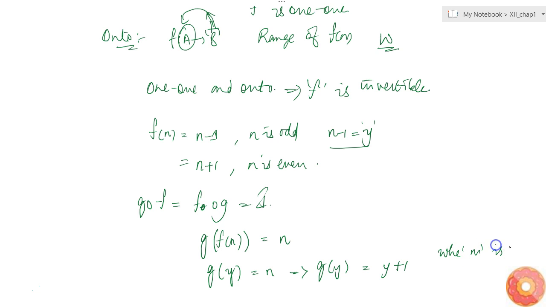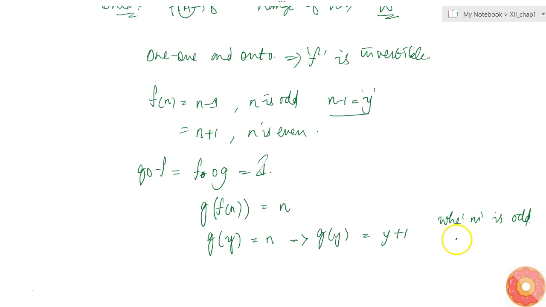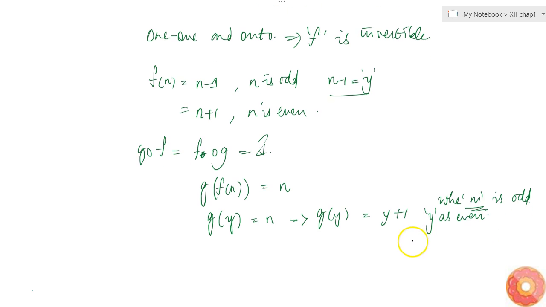But we also know that whenever n is odd, y will be even. So whenever y is even, we get g of y equal to y plus 1. Similarly, in the other case, we get y minus 1 whenever y is odd.